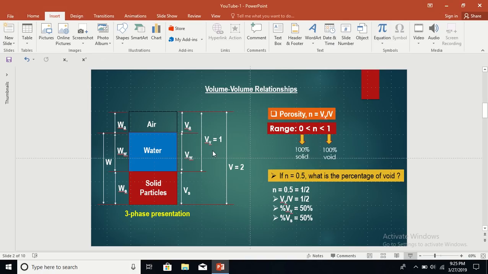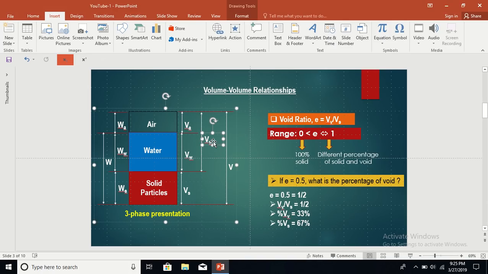If we now fill in this three-phase presentation, the volume of void is 1 when the volume of solid is 2. So what is the total volume then? The total volume would be 1 plus 2, that means 3.